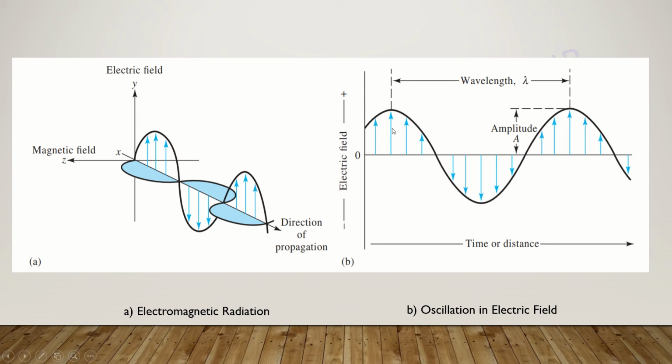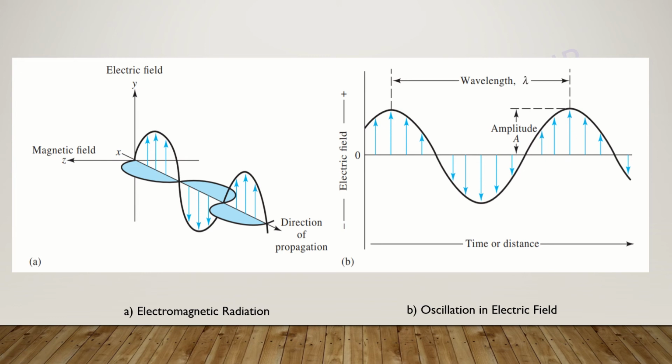The ascending part of the wave is known as the crest. The descending part of the wave is known as the trough. Wavelength is the distance between two adjacent crests, and the highest vector of the wave is known as amplitude.